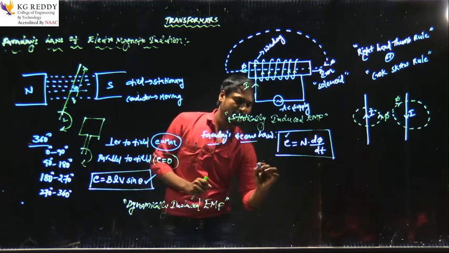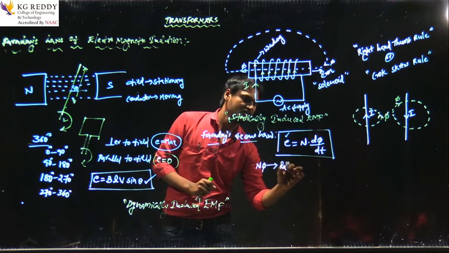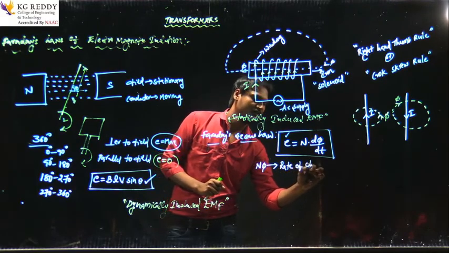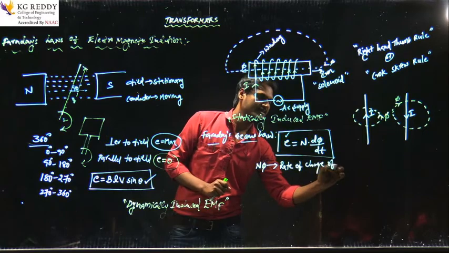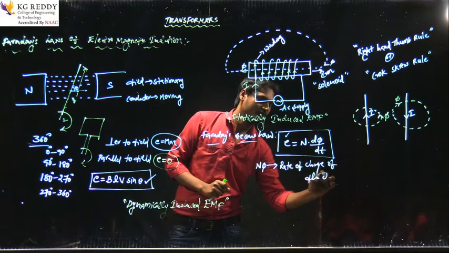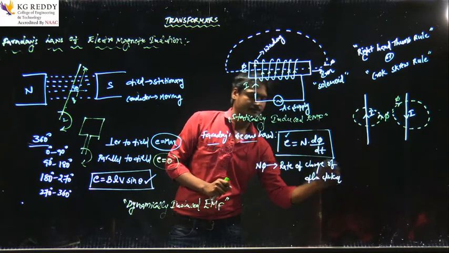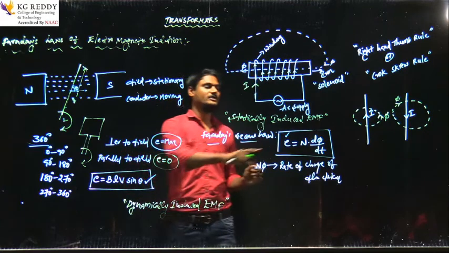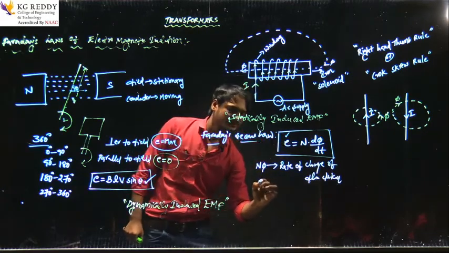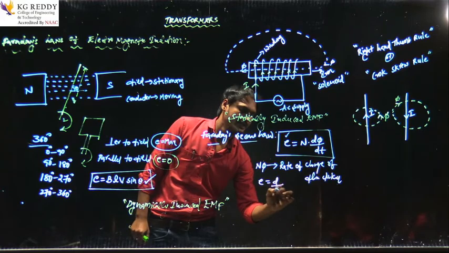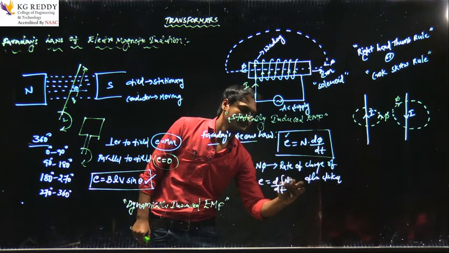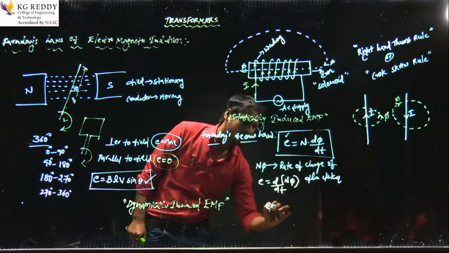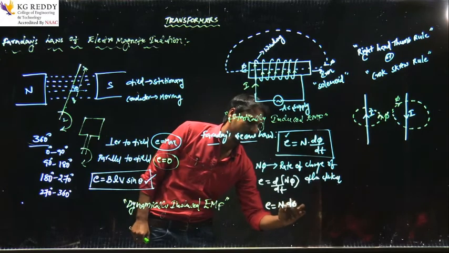The N phi represents the flux linkages, so E can be taken as d by dt of N phi. So E can be taken as N d phi by dt like this.